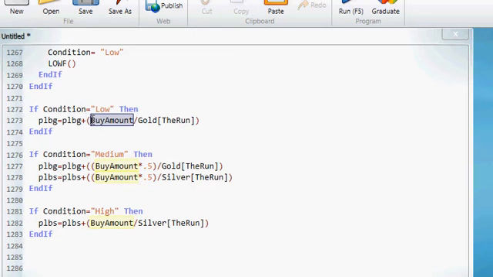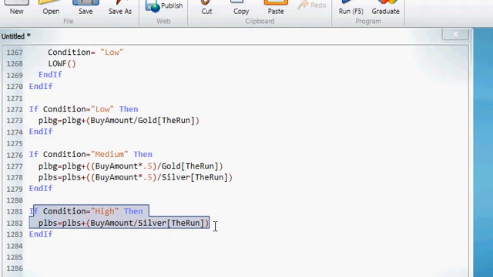So say the buy amount is 100, the price of gold is 33 1/3, then the number would be 3. If it's in medium, it's going to buy half of both in here. And then if it's in high, where you're supposed to buy silver, it's going to be buying all silver.